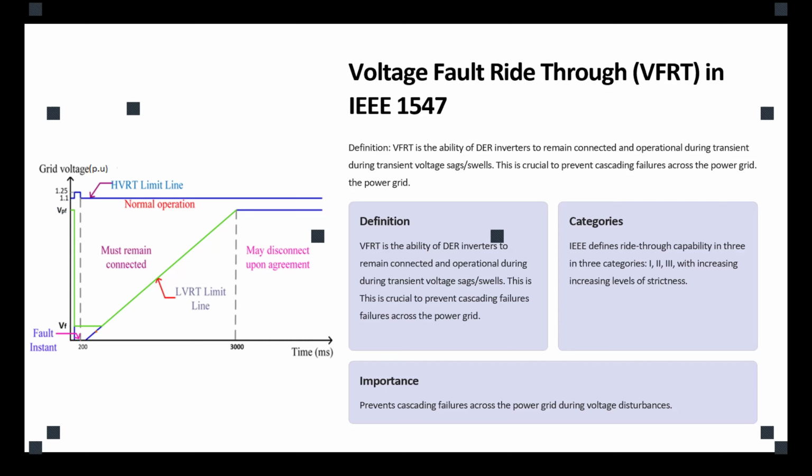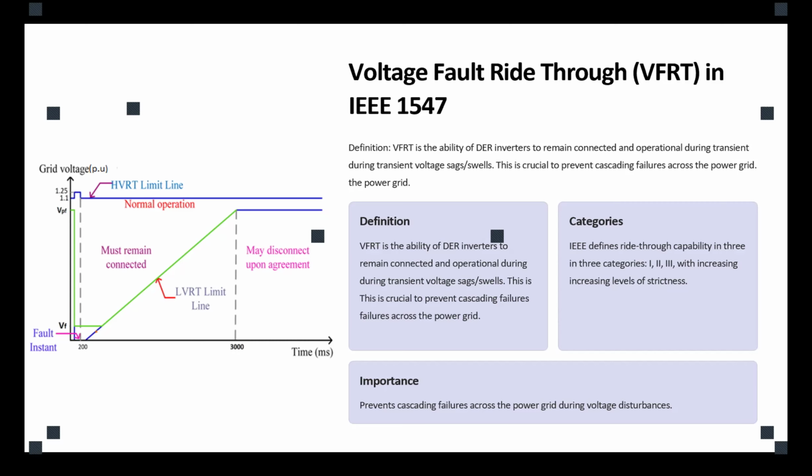Now, in our situation, as you can see, the maximum voltage swell defined by this IEEE standard is 1.25 per unit, meaning whatever your nominal voltage is, you have to tolerate 25% over voltage if the over voltage only lasts for 200 milliseconds.